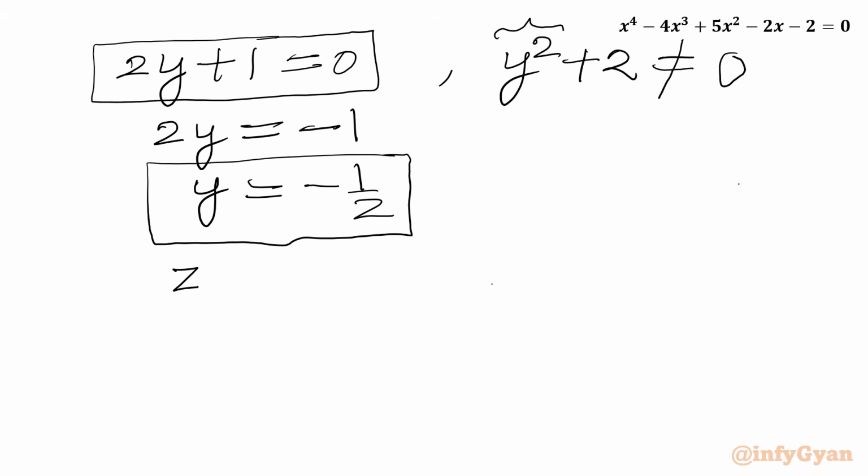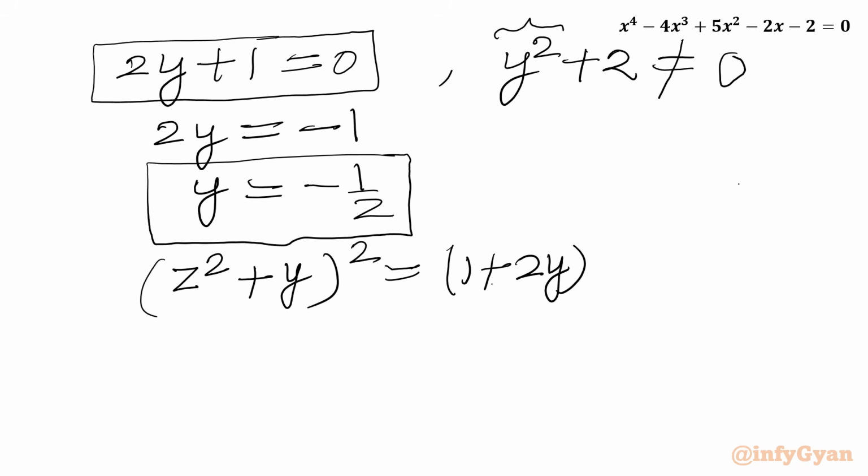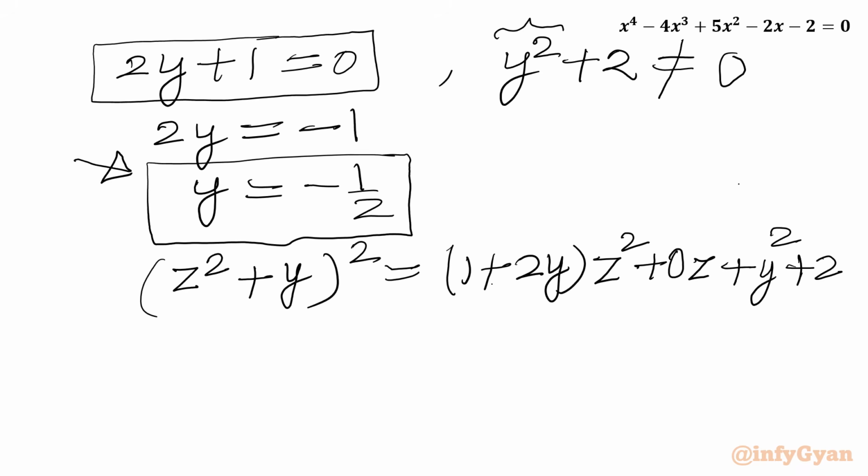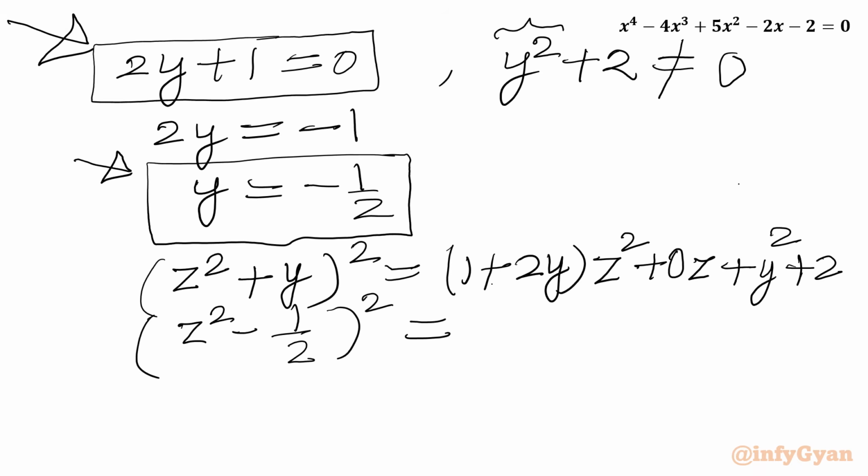So let me write our equation: (z square plus y) whole square equal to (1 plus 2y) times z square plus 0z plus y square plus 2. Let's put y equal to minus half. We will get (z square minus half) whole square in the left hand side. 1 plus 2y is equal to 0.